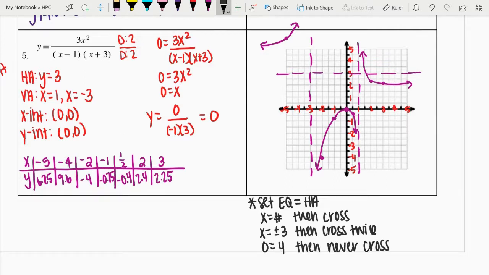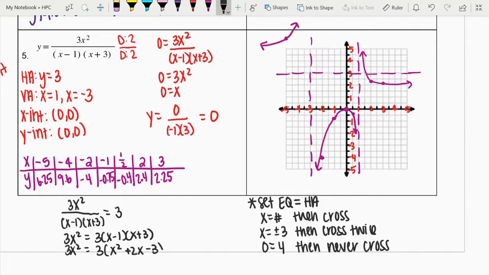Okay, so if we test this out, we have 3x squared over (x minus 1)(x plus 3), and we set that equal to 3, then I end up having 3x squared is equal to 3 times (x minus 1)(x plus 3). So then 3x squared is equal to 3 times (x squared plus 2x minus 3).